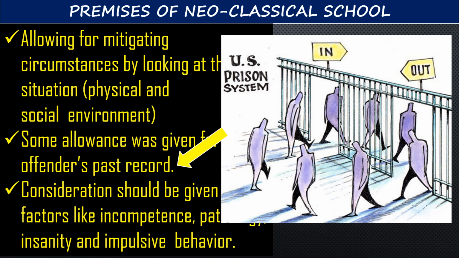If the person is a recidivist or a first-time offender, then there should be a distinction in the punishment to be meted. That's just like in our laws. If you're a first-time offender, more often than not, you will be qualified for probation. But if you are a recidivist, it may disqualify you for probation. So that's the idea. And what else?